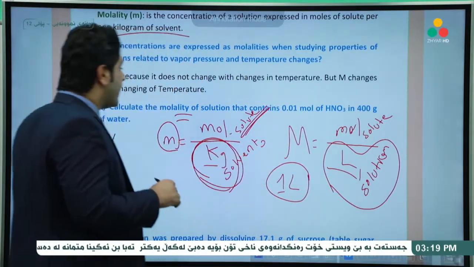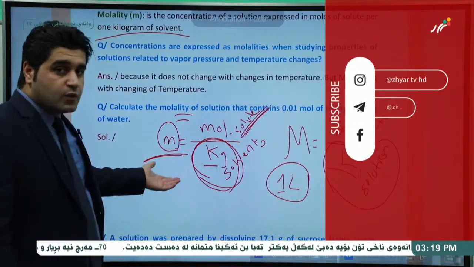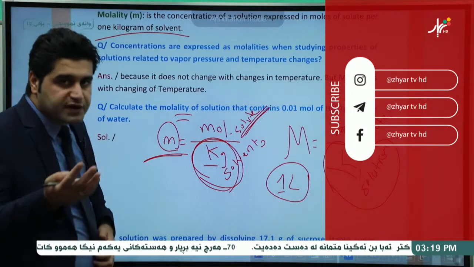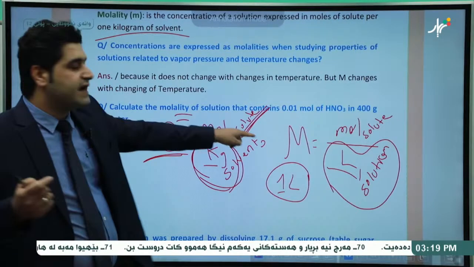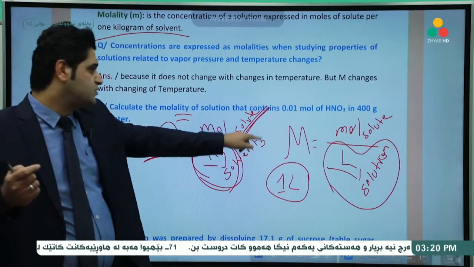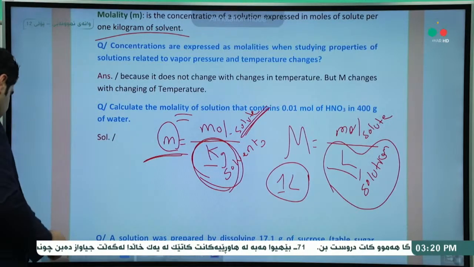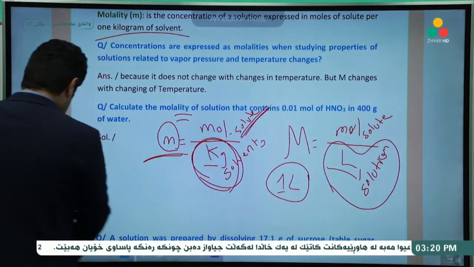That's why we should use molality when we talk about vapor pressure and temperature, because molarity can change. That's the difference between them, and this is the advantage of molality over the molarity.